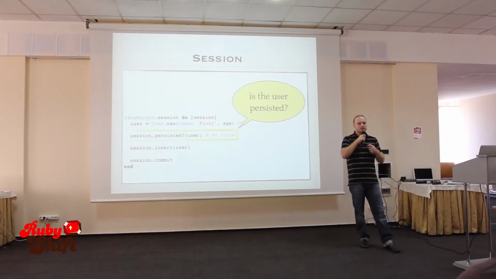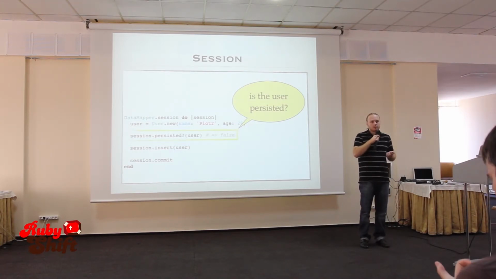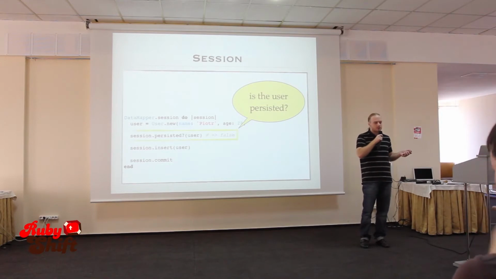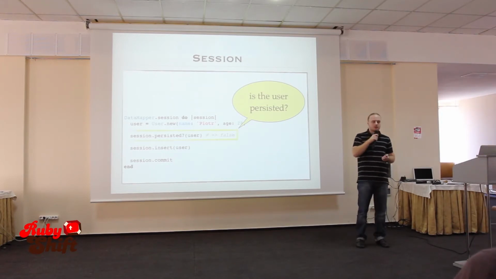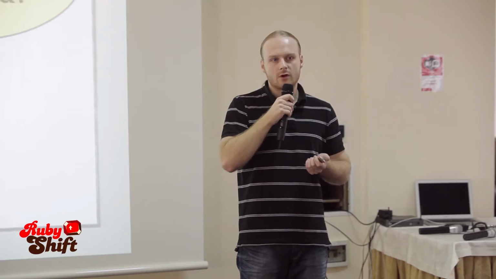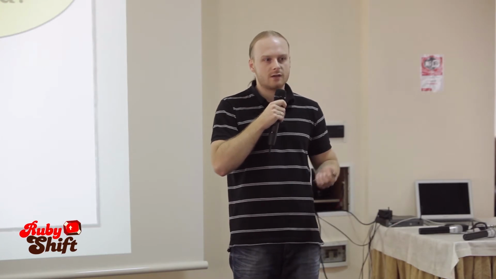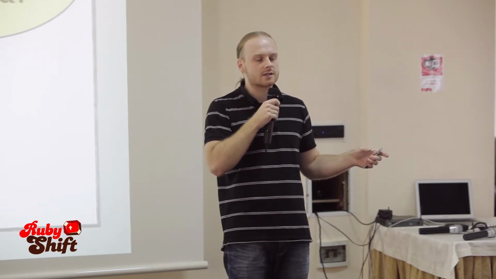So the object itself in Active Record is aware that it can be persisted, and it's aware if it was persisted or not. In DataMapper, your domain object has no knowledge about persistence, as I said. So if you want to get information about the state of your objects, in the context of the database, whether or not something was saved, you ask the session. You can't ask your domain object.